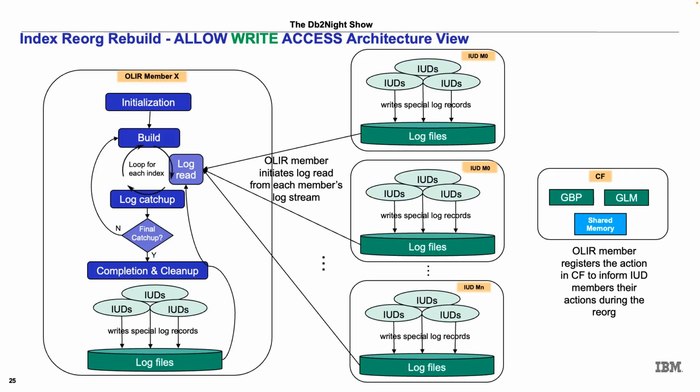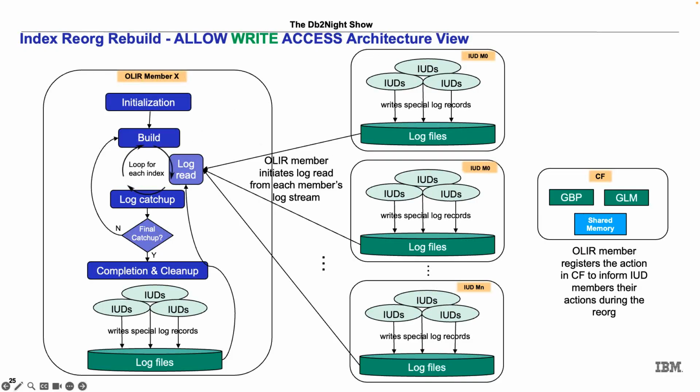And then reorg waits for all active writers to join, and then writes the special log markers to track the point from which changes must be applied to the new indexes. Okay, then move on to the next phase. That's the build for each index. In the build phase, we scan the table and build the index from the bottom up into the shadow object.